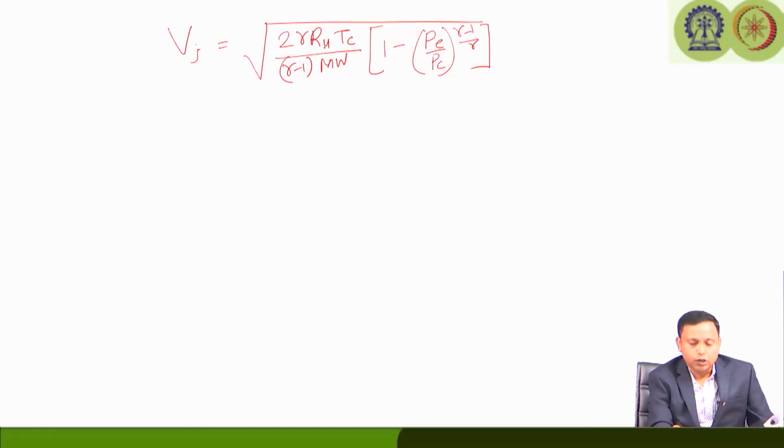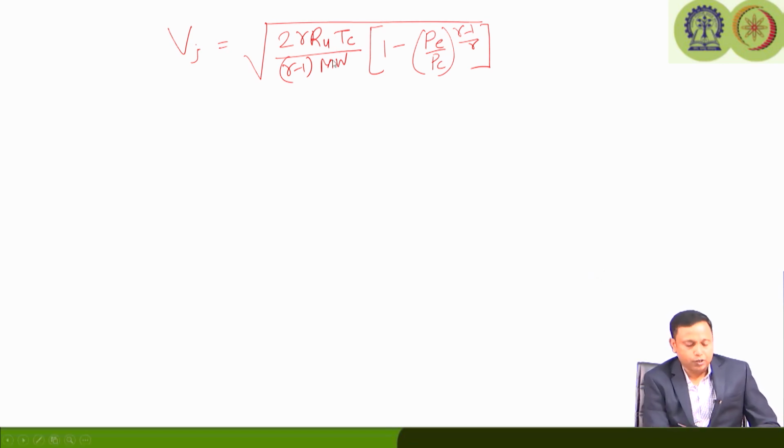The gamma value has some weak influence, which one can see through parametric studies, taking various values of gamma, keeping other values constant, and seeing how Vj varies. But eventually, the major influencing parameters are the pressure and the temperature. So we can expect a high value of Vj when the combustion of the propellant gives a very high chamber temperature at a high pressure. The combustion should take place at high pressure, and it should generate very high temperature.